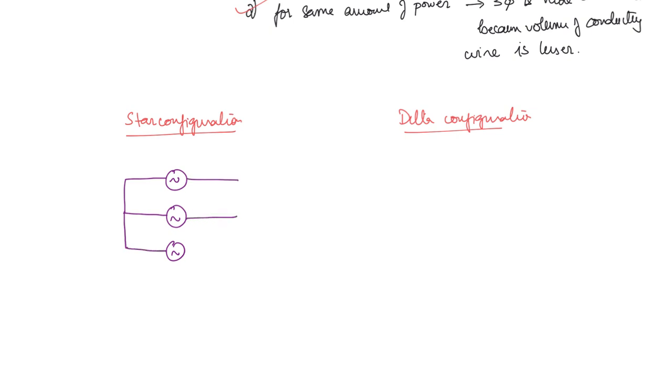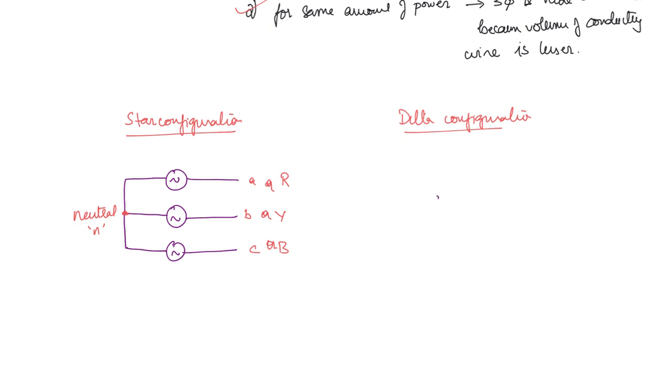From here, the power will be delivered. These are the power lines. This common point we call the neutral point, denoted as N. The three power lines we can take as A, B, C, or they are also represented as R, Y, and B.